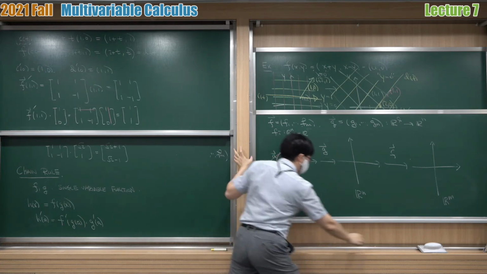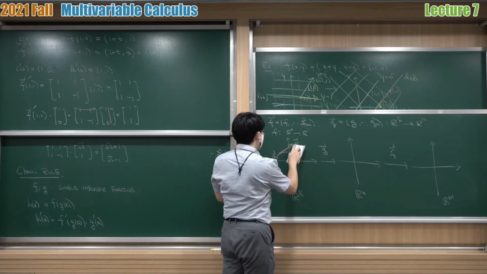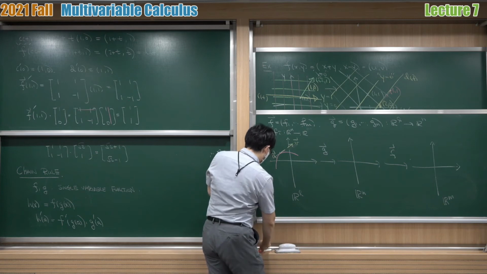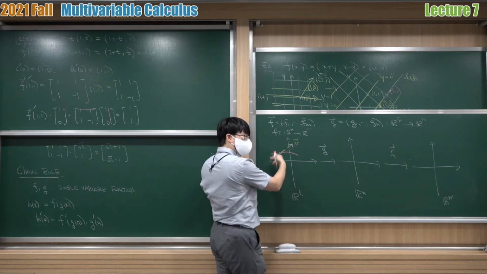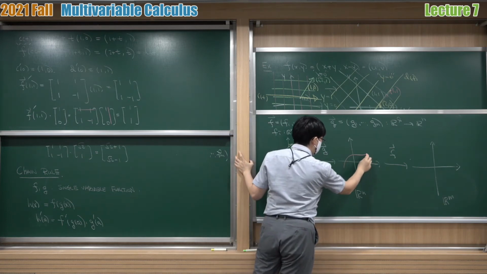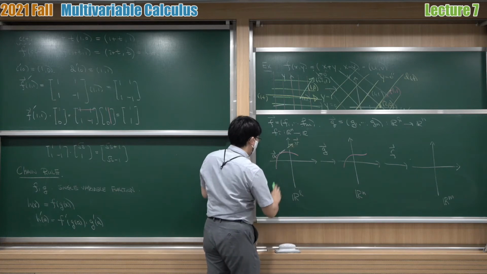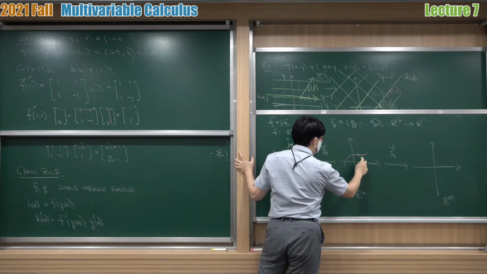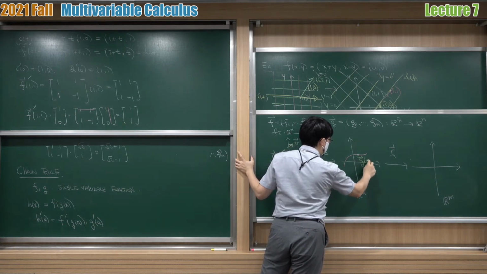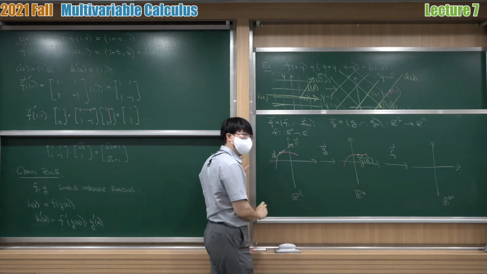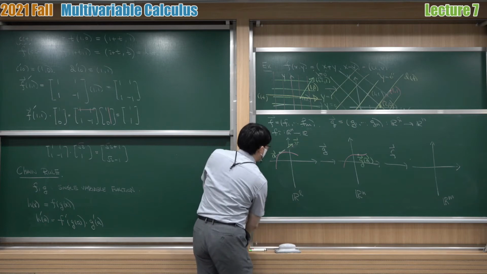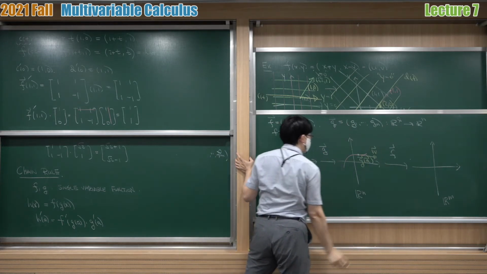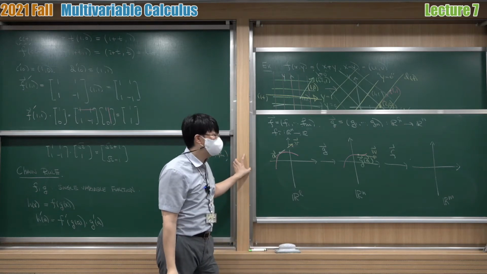Now, let's think about what happens in the target space of G. In the target space, this curve will change to another curve, and when it passes through A, it also passes through the target point, G(A). So there we also have some vector at the corresponding point.